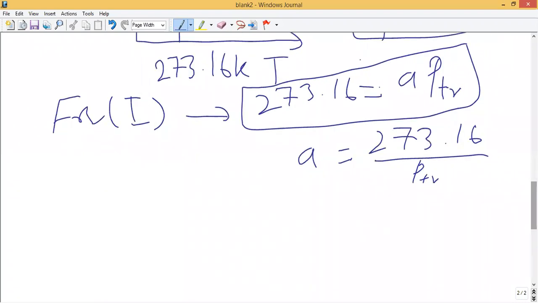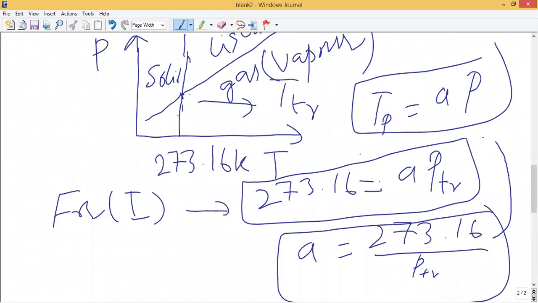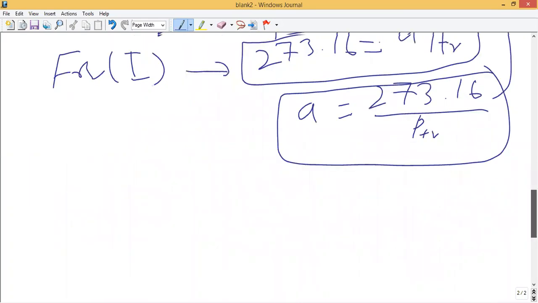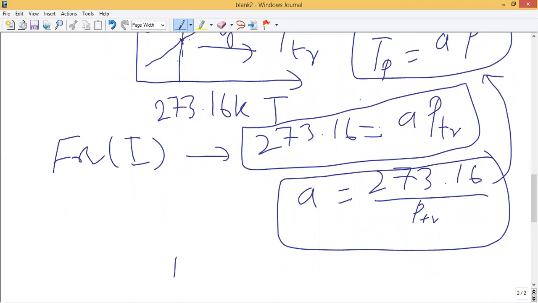Okay, or if we put this value of the constant in this formula, then we can write T pressure equal to P over P triple point times 273.16.